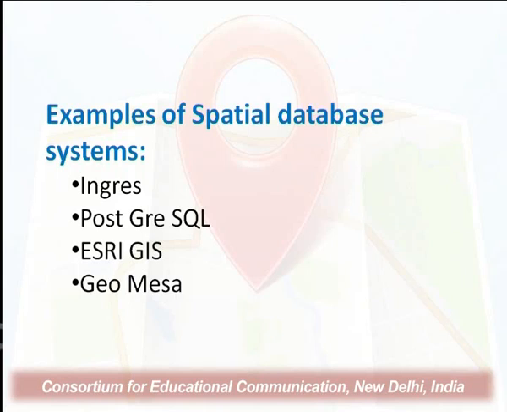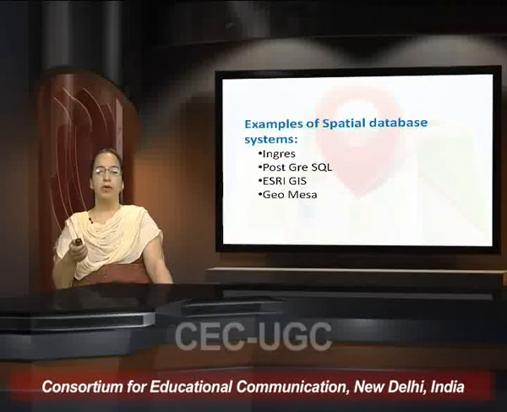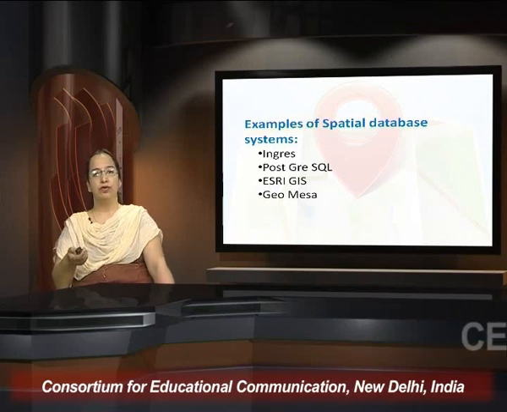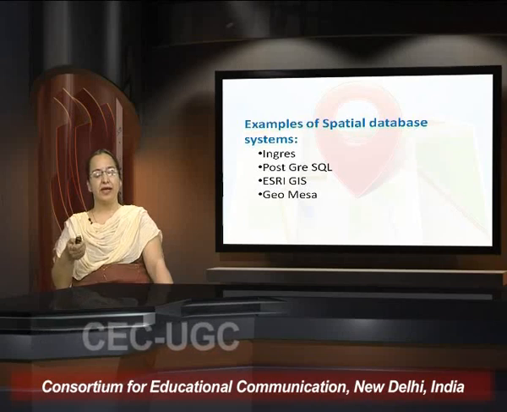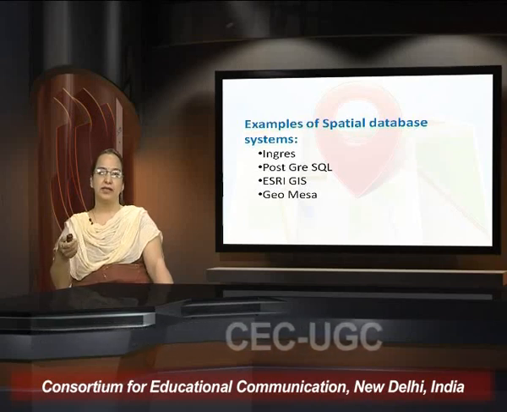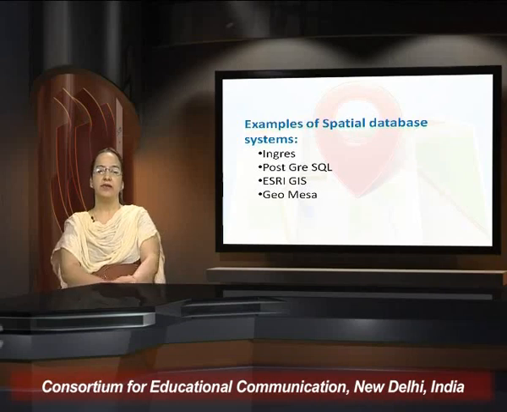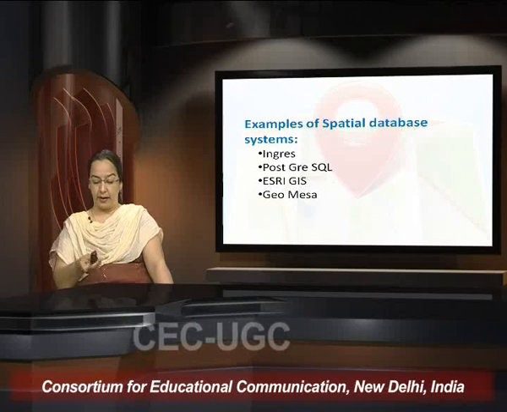Now the list is not exclusive, the list goes on and on. Depending upon particular application or depending upon the use, you can choose one of these spatial databases. So basically location based services takes its data from spatial database systems, and the other technologies which are included are mobile devices and internet.